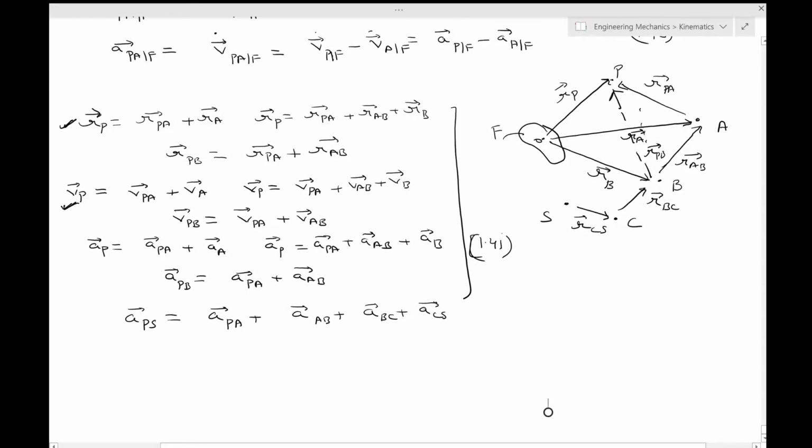So there is also this concept of a rate of separation and rate of approach, which we can see in terms of the relative velocity gives you that answer. So let's see what that is.